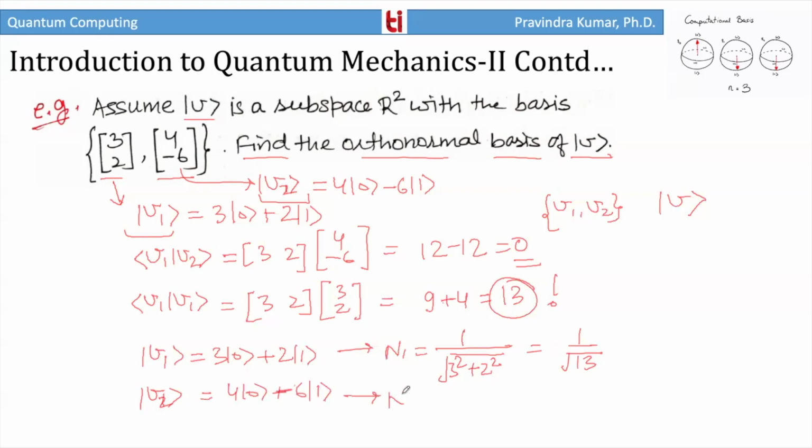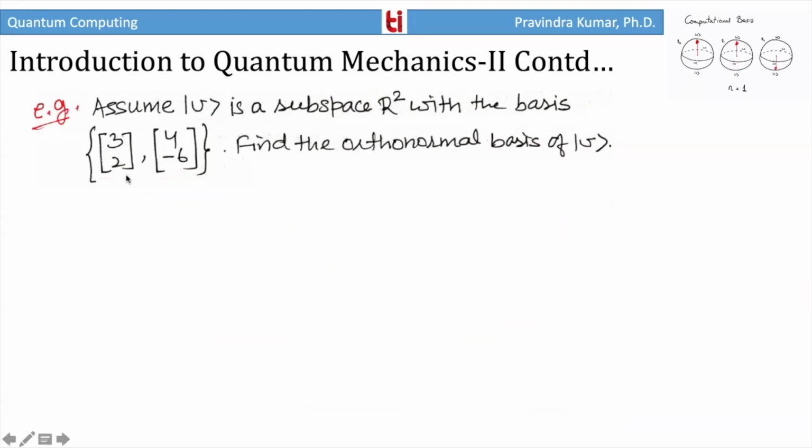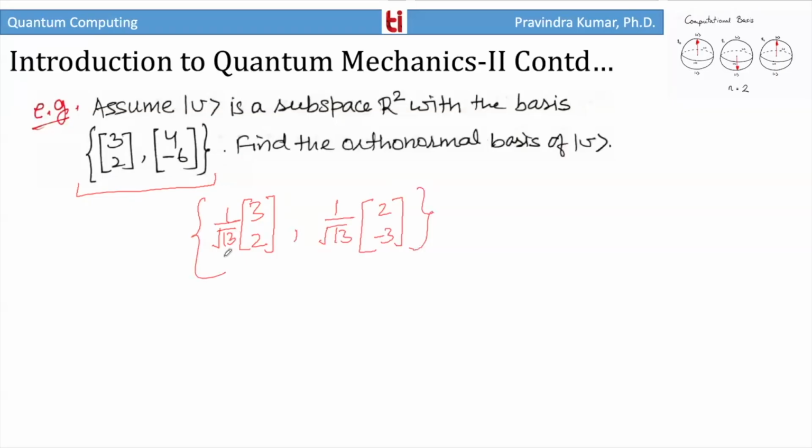So here the normalization constant will be 1 by under root 4 square plus 6 square. This is 1 by 2 under root 13. Now the orthonormal basis will be included with the normalization constant. So the orthonormal basis will be 1 by under root 13 times 3, 2, and 1 by under root 13 times 2, minus 3.